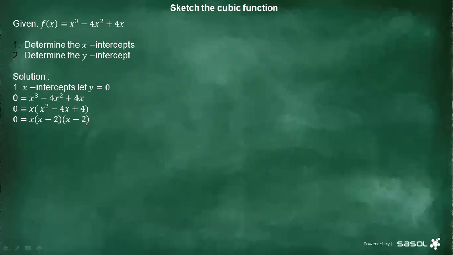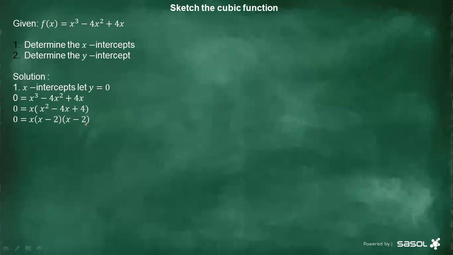Every time you come across such a situation where you are looking for the x-intercepts and two of those x-intercepts are the same, for instance x minus 2 and x minus 2, that tells you that one of the turning points is going to be part of the x-intercepts as well.